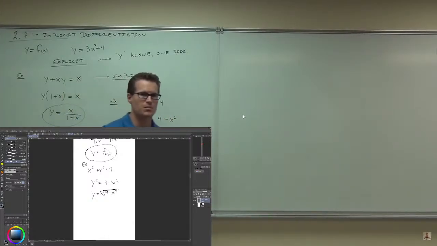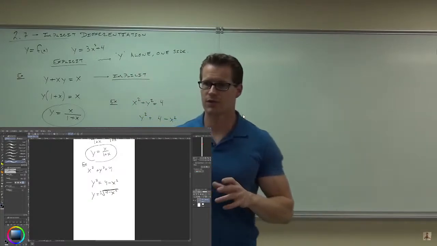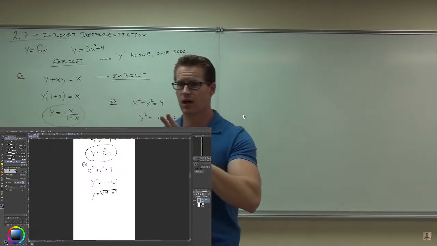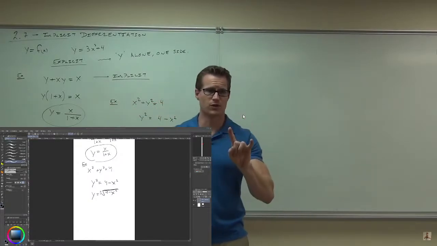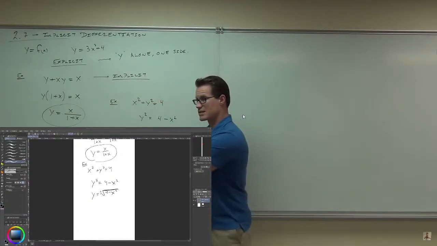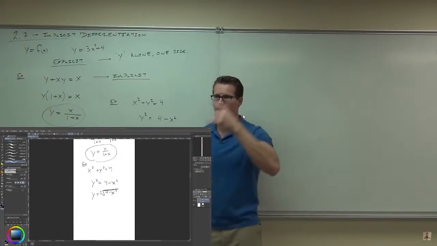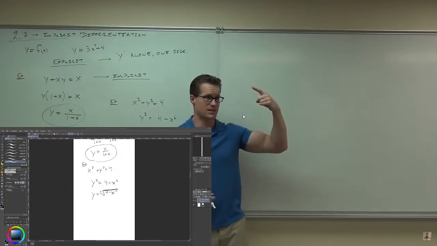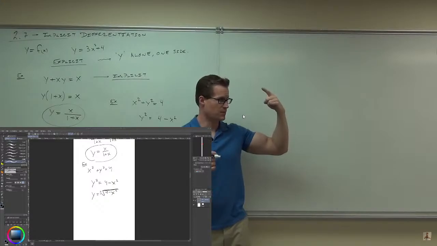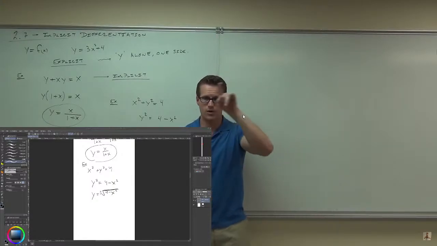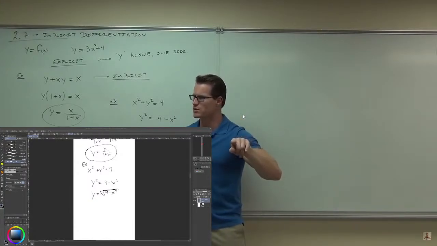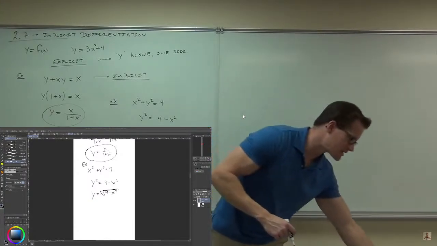What that means is that implicit equations can often define two different functions. This is not a function by itself, because when I plug in one number, I get out two answers. That says it's not a function. It's an implicit equation. It's actually two distinct functions, an upper and a lower half circle. Do you see what I'm talking about? So oftentimes that's what happens.